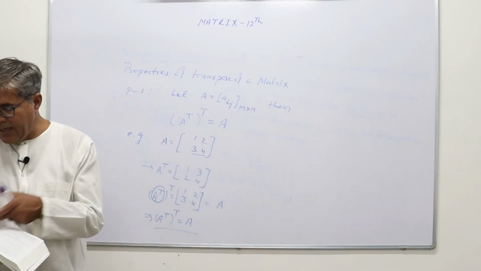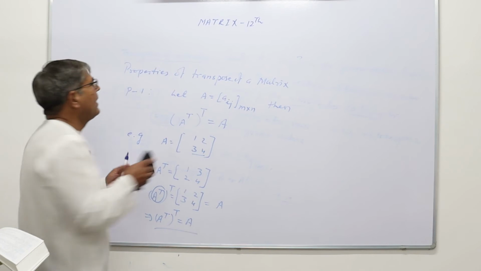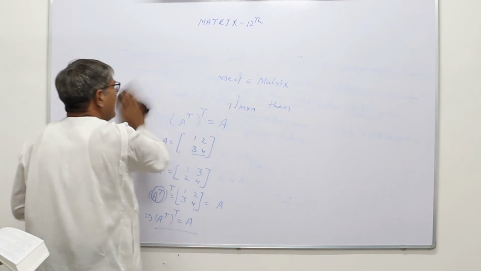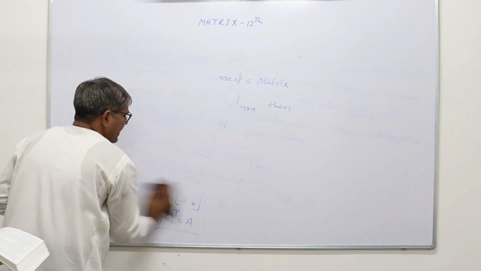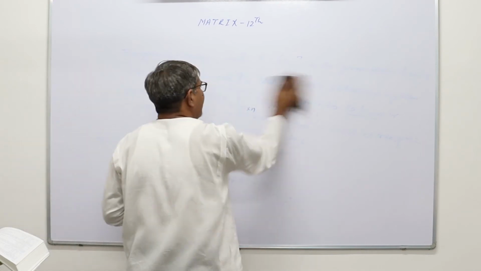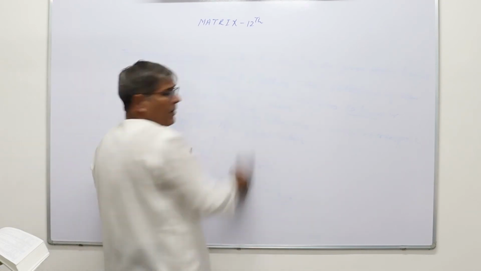Now the second property: when two matrices are given and we have to find the transpose of their sum, what is the property?